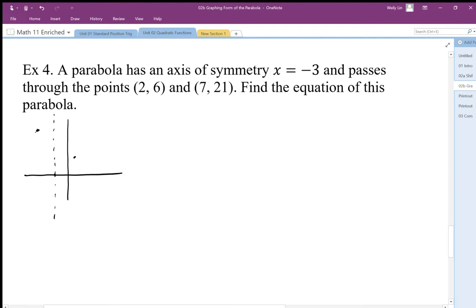Okay, so at this point it's hard to tell if this is upside down or right side up. I haven't really graphed this very accurately either. We could maybe hypothesize that the graph looks something like that.